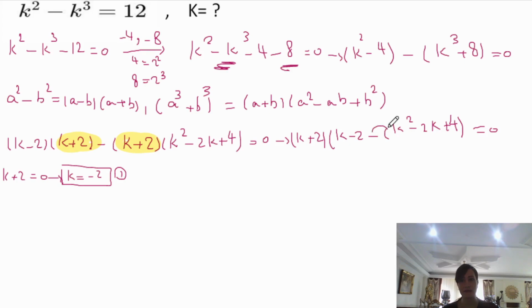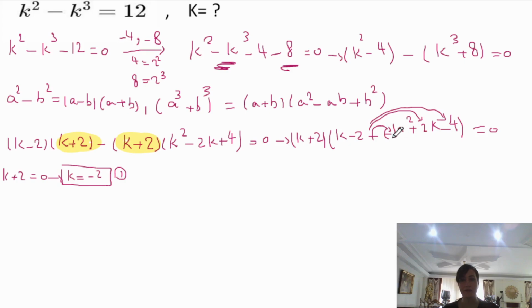First of all, I distribute this negative sign inside the parentheses. So I apply this negative that makes this k squared negative, this negative 2k positive, and for the last one, I get negative 4 and then change the sign here, it becomes positive. Now I will rewrite this second parenthesis again.